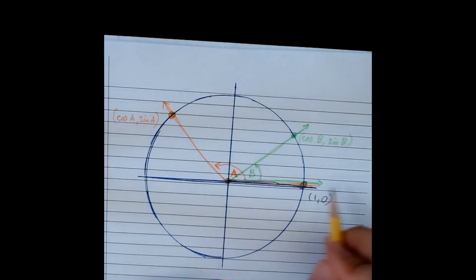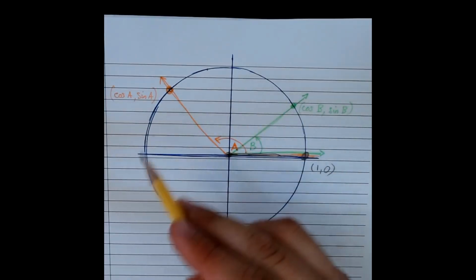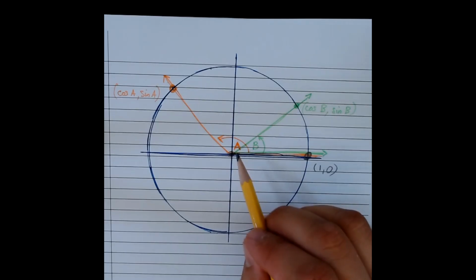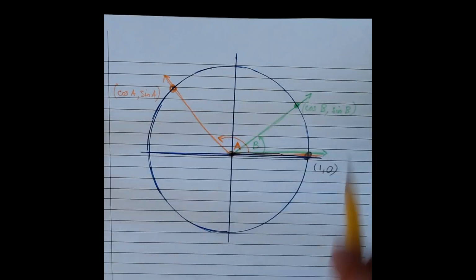After all, it's on the x-axis, and it has a distance of 1 away from the origin, because it's on the unit circle.